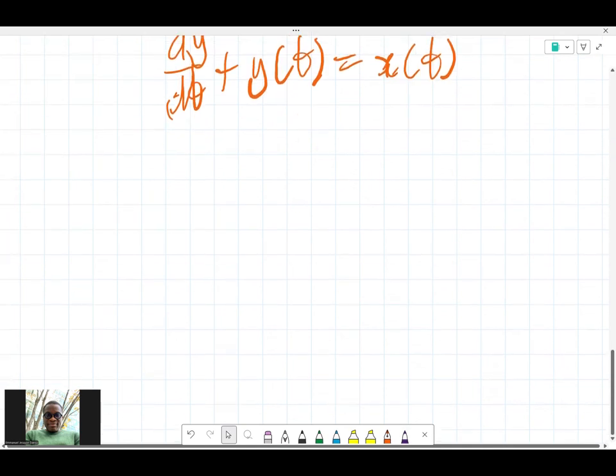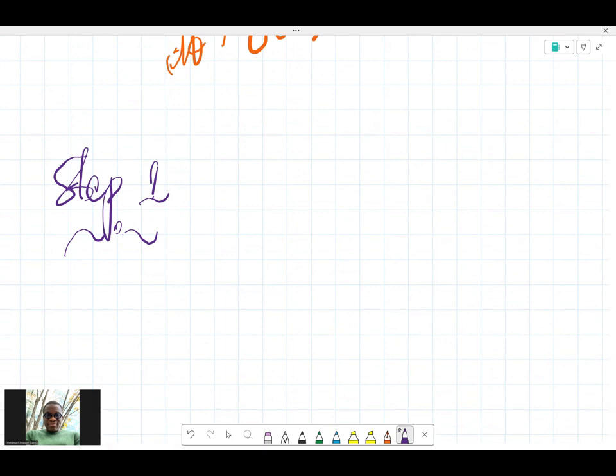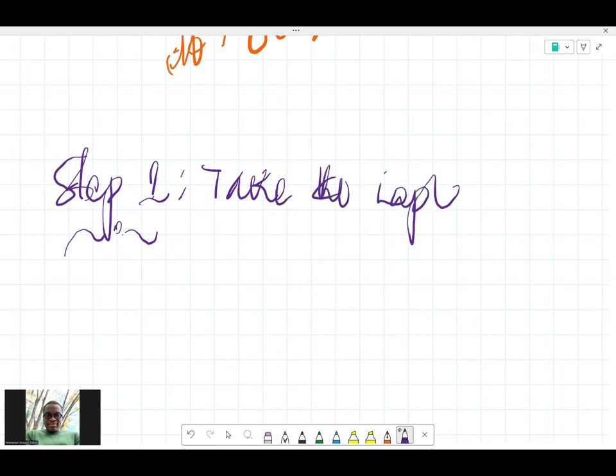So of course, step one: we have to take the Laplace transform.